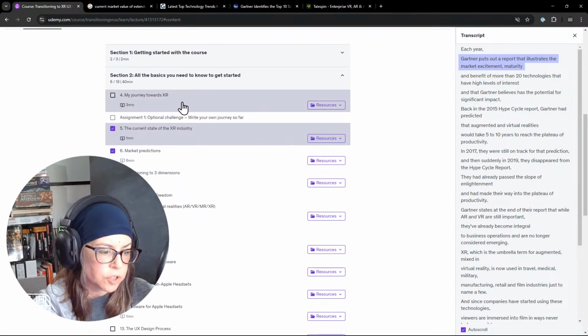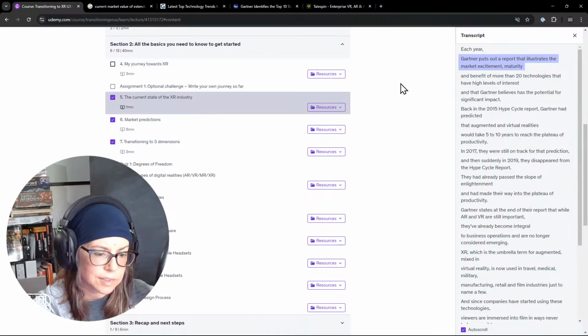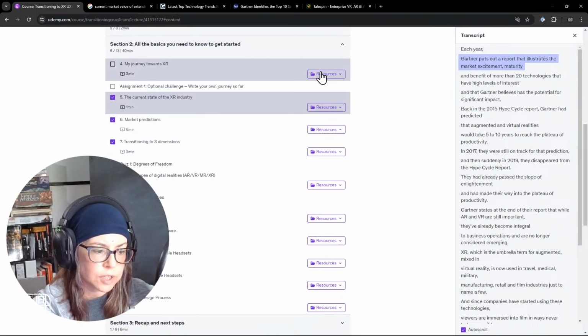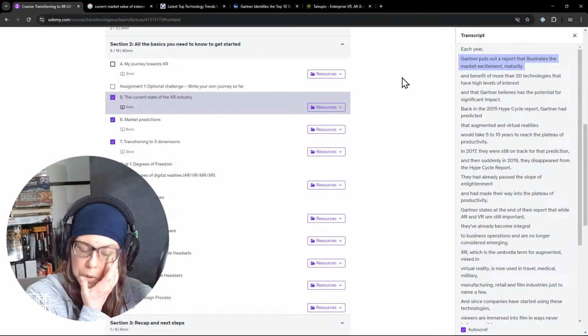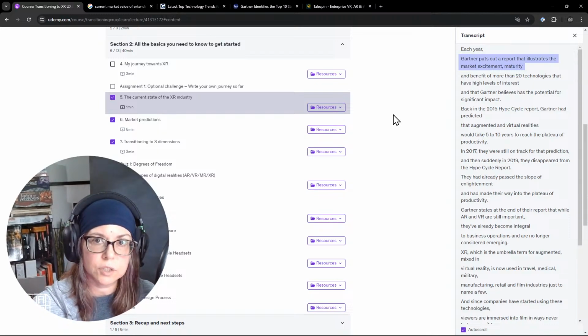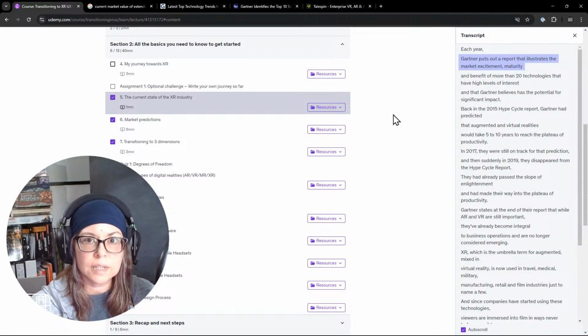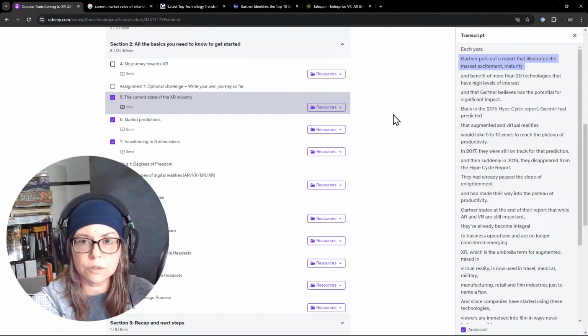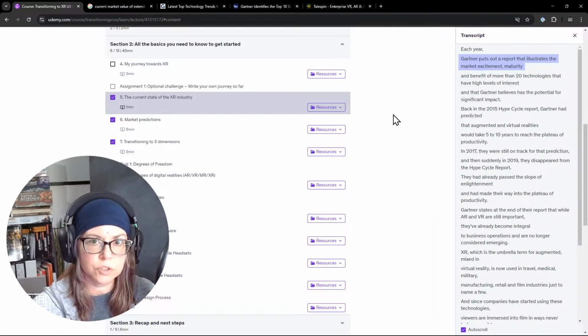Current state, the journey hasn't changed. And it's important that you do check out that journey because it's going to help you to see how you can get started in XR. I know that there are a lot of people out there who are having trouble getting jobs in XR, and there's a different strategy to do it. Until it becomes more commonplace, you're going to have to use different strategies to get XR jobs.